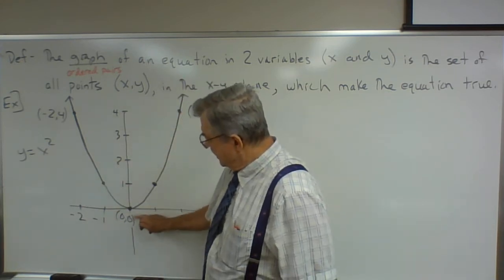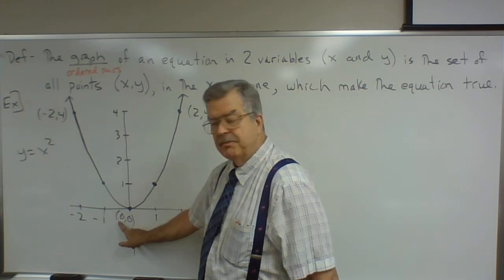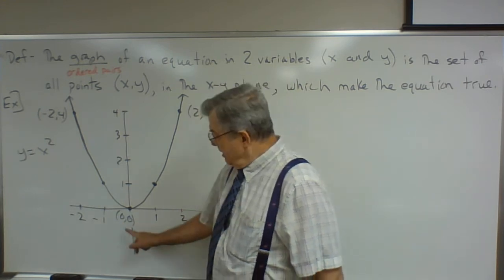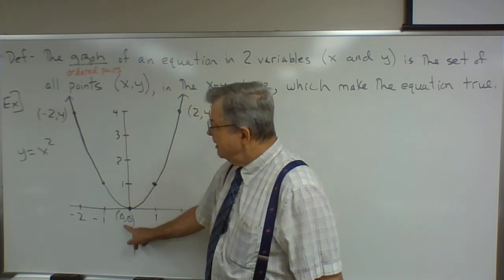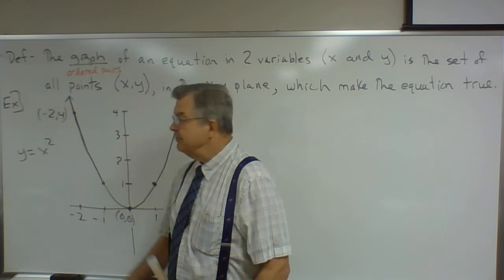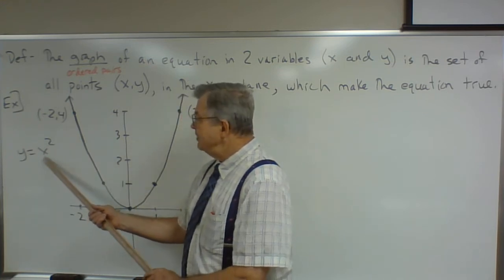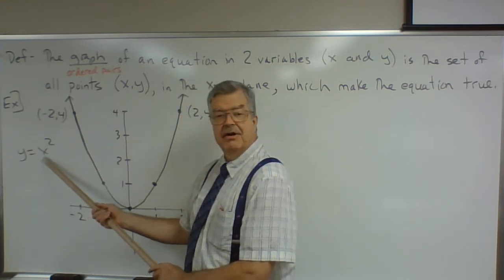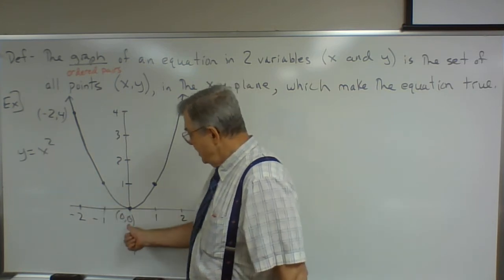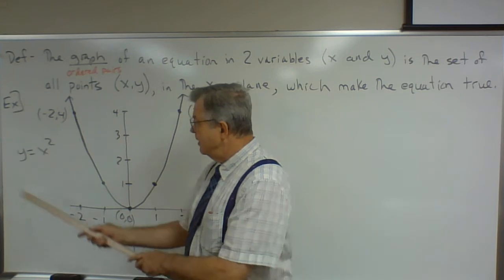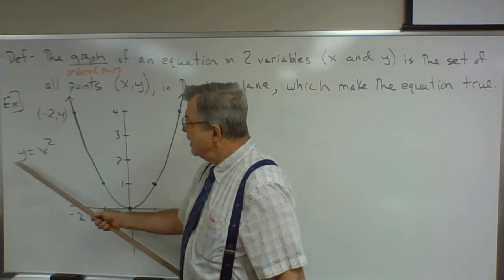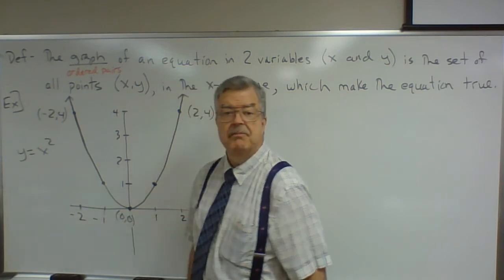Let's look at this point. X equals 0, y equals 0. Does this ordered pair serve as a solution for that equation? If we take x equals 0 and square it, we get 0. So we have 0 on the right-hand side of the equation. If we take y equals 0 and put it in for y on the left side of the equation, we have 0 equals 0.